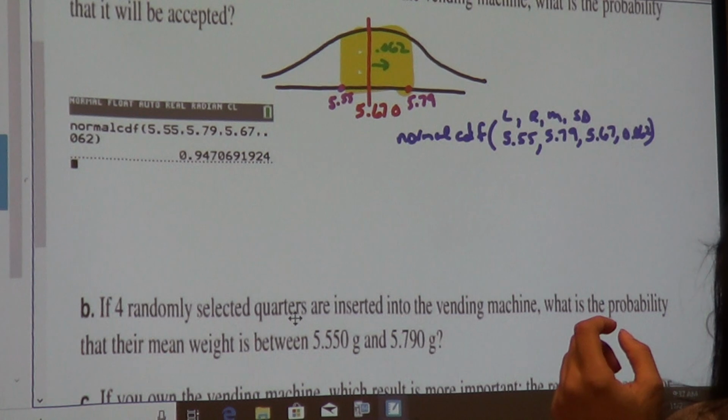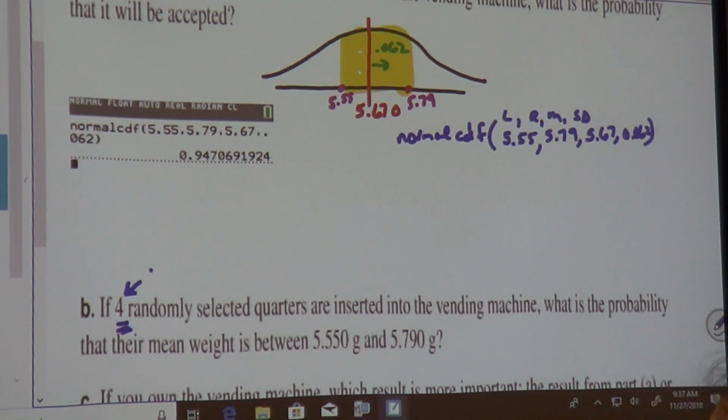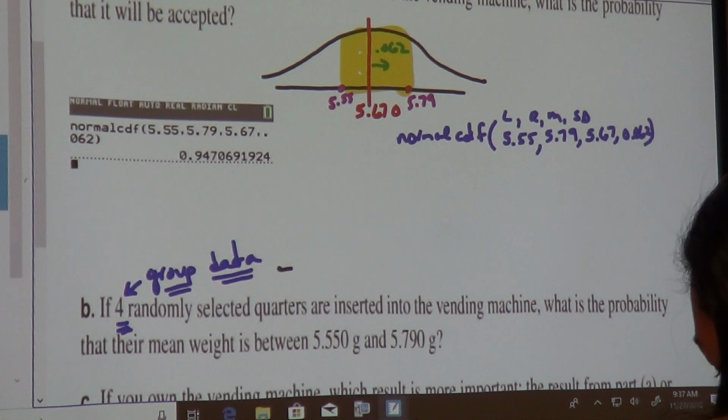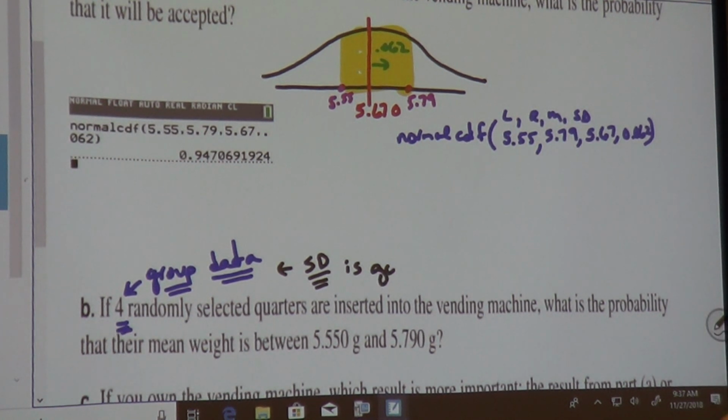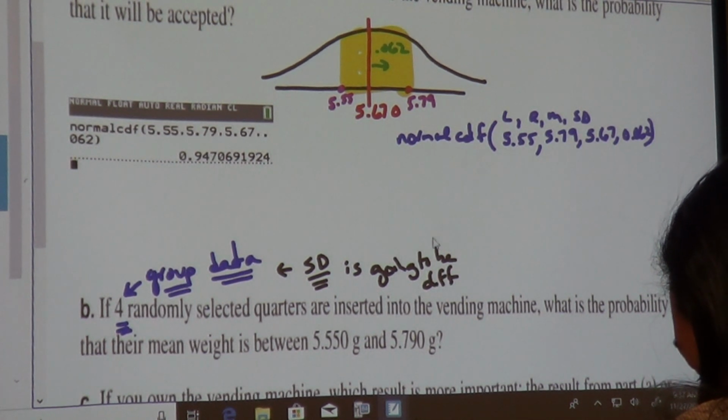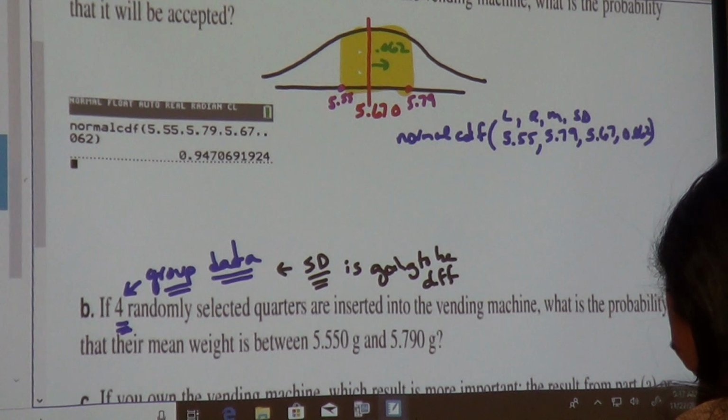Now, for the next one, it says 4 randomly selected quarters. That means this is group data, so your standard deviation is going to be different. Here's the easiest way to show you.